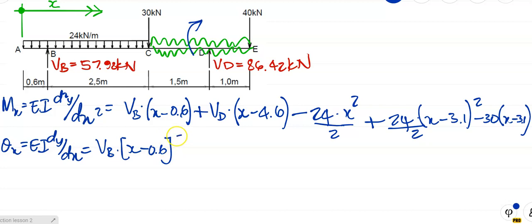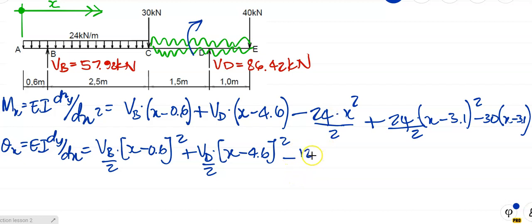So it will be squared over 2 plus VD x minus 4.6 squared over 2 minus, do you agree 24 over 2 is 12? You can either leave it as is or you can make it 12. So I'm going to say it's going to be 12 times x cubed over 3. There we go. Okay. Plus 24 over 2 is 12.